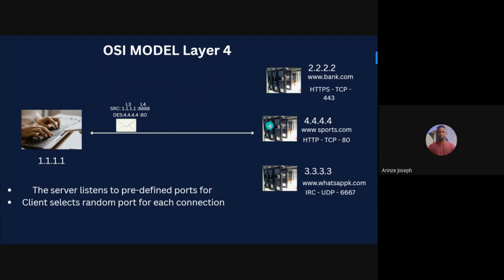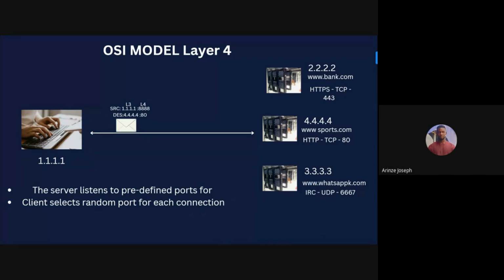Then at the same time, you are on a sports site. Maybe you are watching your favorite sports team while they play. And at the same time, you are also chatting with a friend on WhatsApp. So WhatsApp has its own IP address.